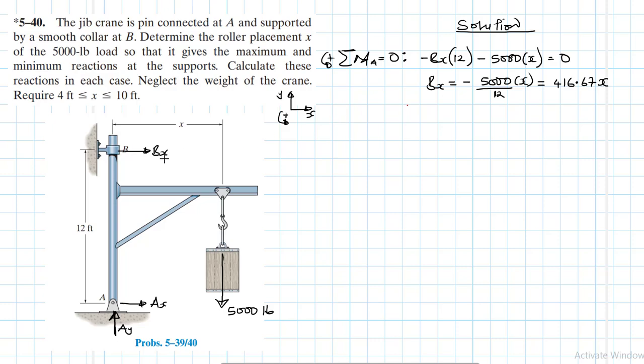Let's find what AX is. The summation of forces in the X direction, this being our reference positive. We have AX, so this is minus. But I'll change this for now, because I know minus just means the other side. It's telling me that the reaction force BX is supposed to be in this direction, and it is 416.67x.